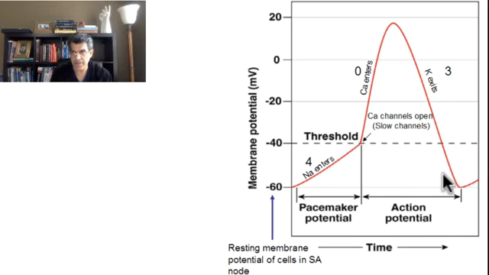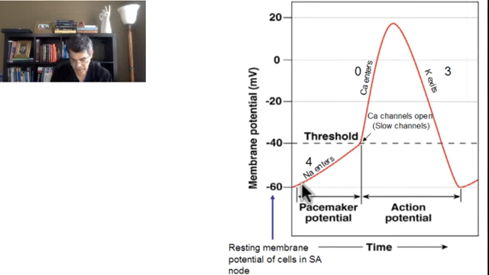And remember, sympathetic is going to use cyclic AMP, and cyclic AMP is a nucleotide. Therefore CN stands for cyclic nucleotide. So there are two things that can open this channel. One is hyperpolarization, and the other is cyclic AMP, which is a cyclic nucleotide, and as a result we call it the HCN channel.